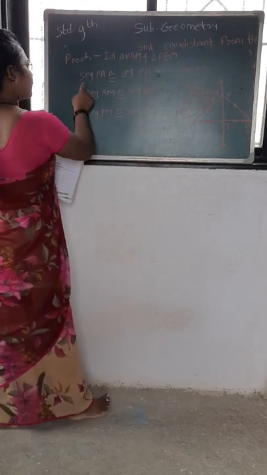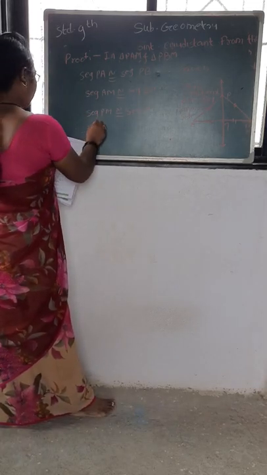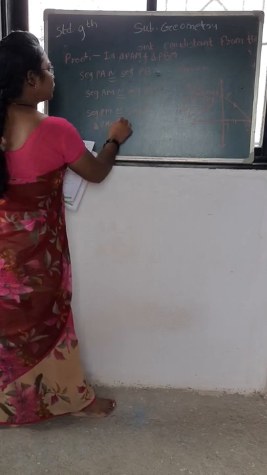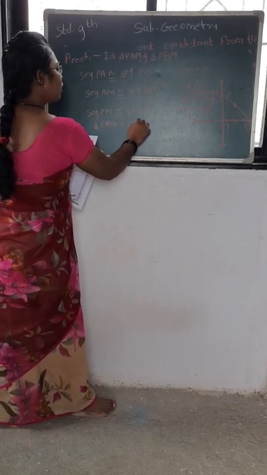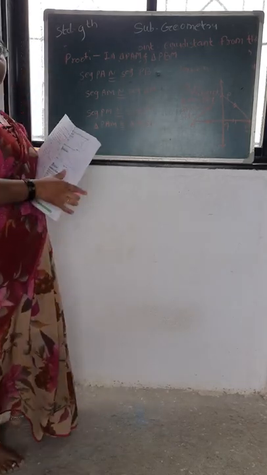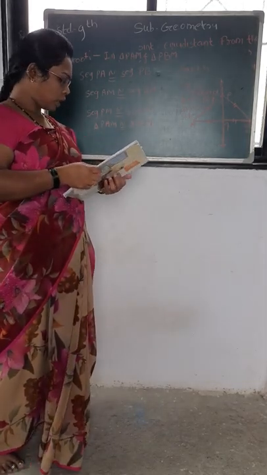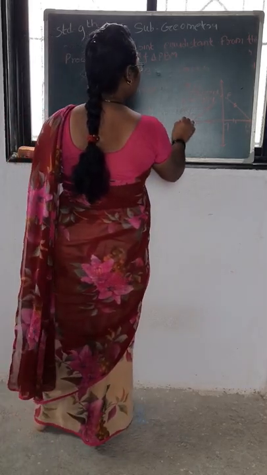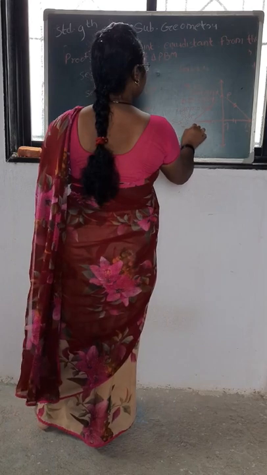Therefore, from these 3 points, triangle PAM is congruent to triangle PBM by the side side side test.